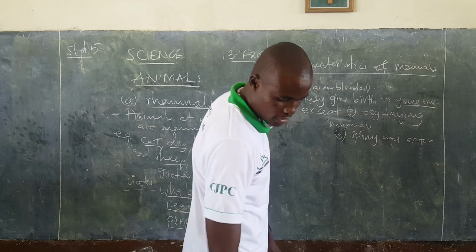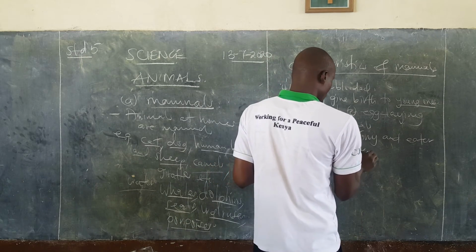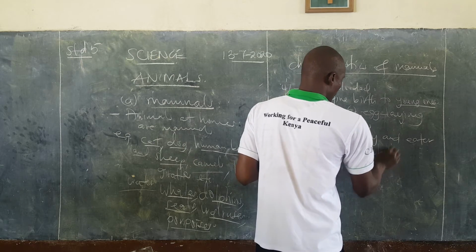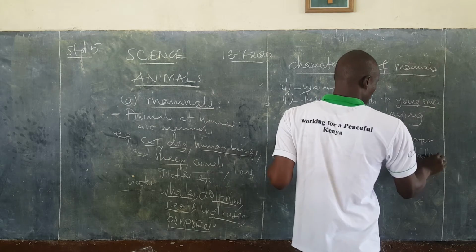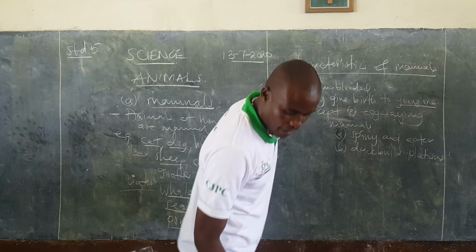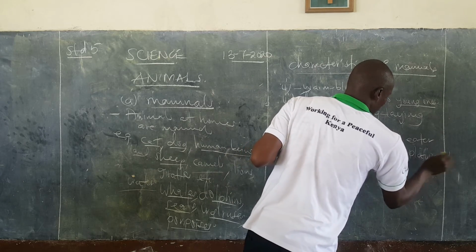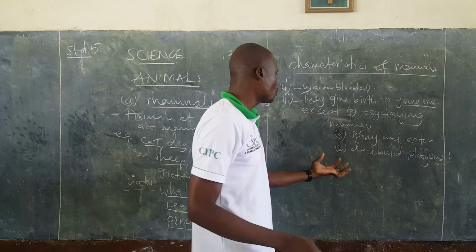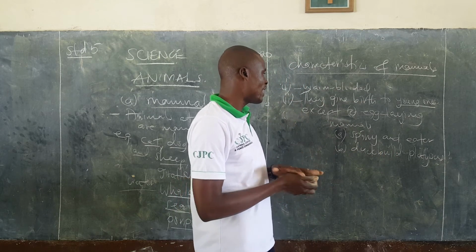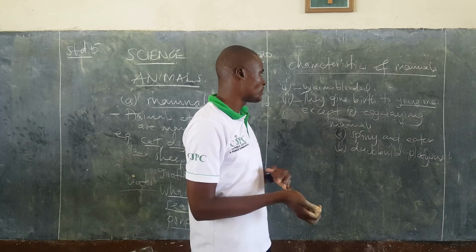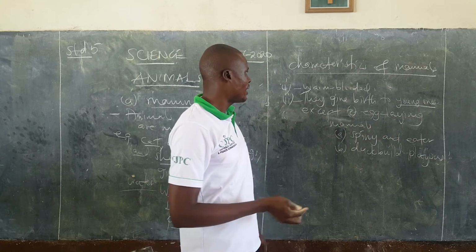Another one is called the duck-billed platypus. So these are the only two mammals that lay eggs. I mean, they are laying eggs, but they are mammals. They don't give birth to young ones, but they are categorized under mammals.